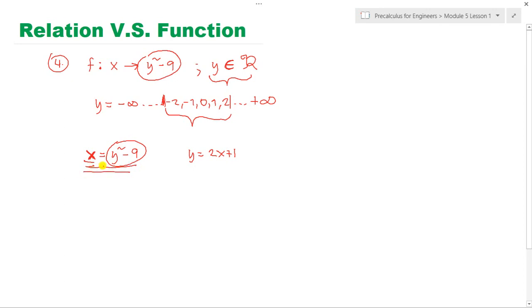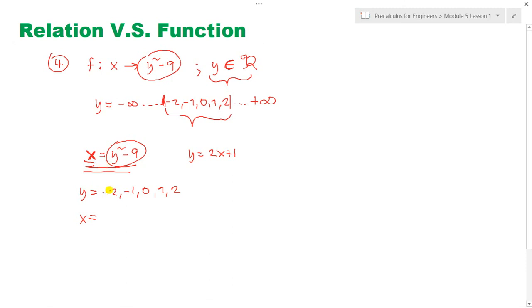In order to solve for the domain, of course, we need to plug in the values for our y. Since we chose that our y is equal to -2, -1, 0, 1, and 2, by using the formula, we can arrive at a specific value for our x.